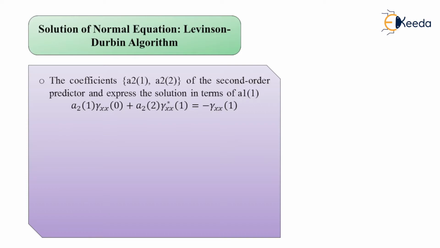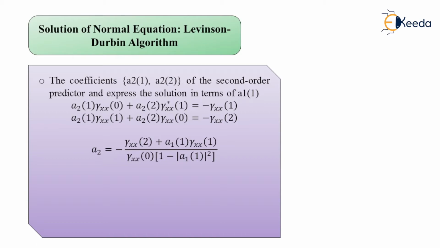Whereas the second equation is a2 of 1 multiplied by gamma suffix xx of 1 plus a2 of 2 multiplied by gamma suffix xx of 0, equal to minus gamma suffix xx of 2. Now let us use the solution from the earlier case, where a1 of 1 is equal to the minus of the ratio gamma suffix xx of 1 divided by gamma suffix xx of 0.